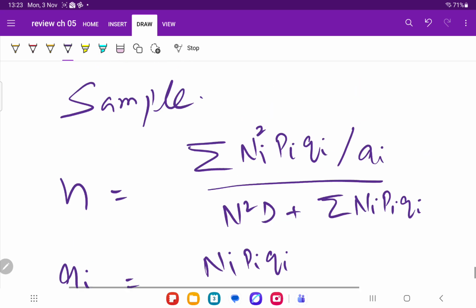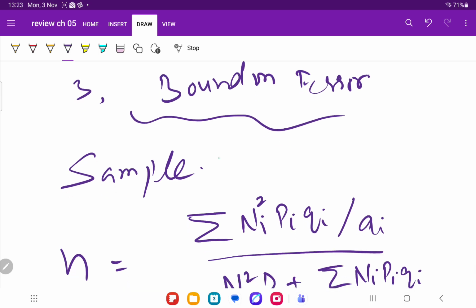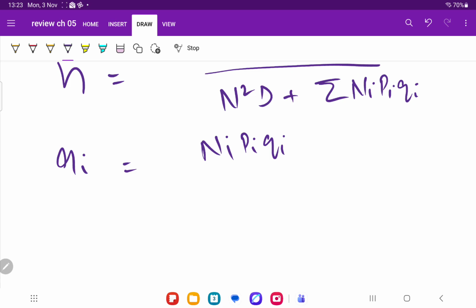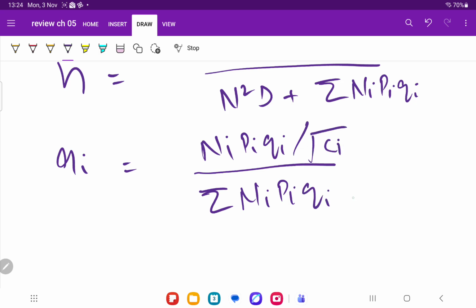So we have the sample size for proportion. Ni is equal to Ni square pi qi over ai, n square d plus summation Ni pi qi, and ai is equal to summation Ni square root of pi qi divided by square root ci.